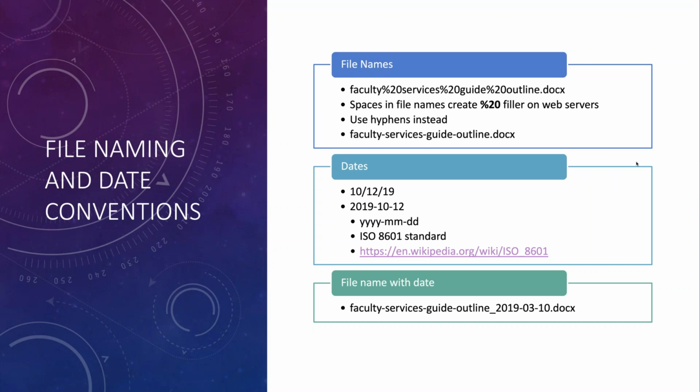So the last few years, I've just sort of established a convention for myself where I put in a slightly descriptive file name with hyphens, and then use an underscore to separate the date, put in the international standard date, and then the file extension. And the other thing that I didn't mention here is don't use periods in your file names.